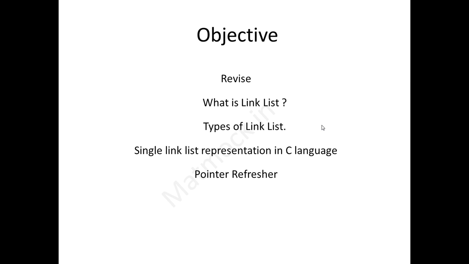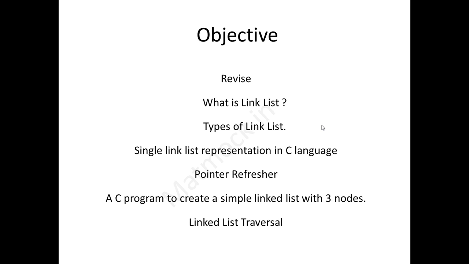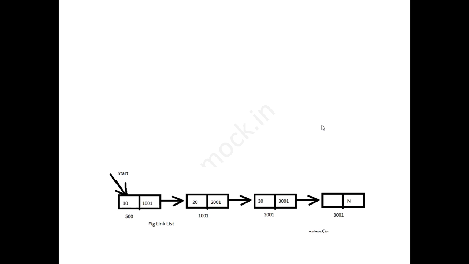After that, a C program to create a simple linked list with 3 nodes. Then we will see how to display the linked list, that is linked list traversal. The diagram which you are seeing on your screen is of single linked list.